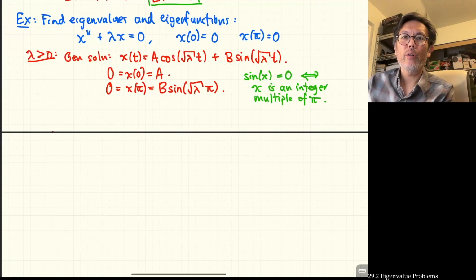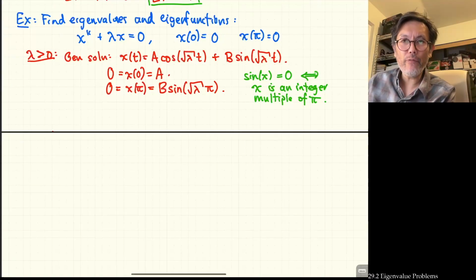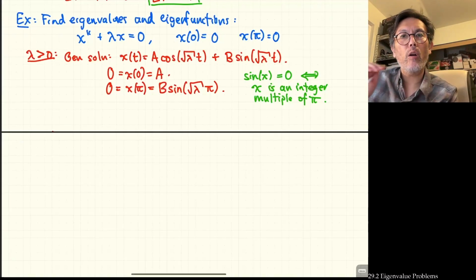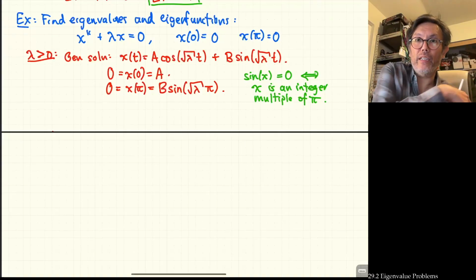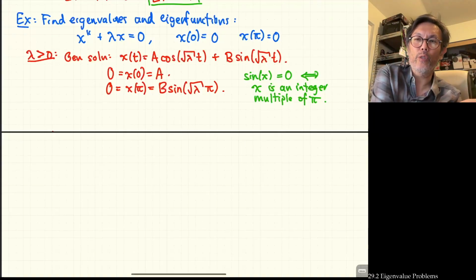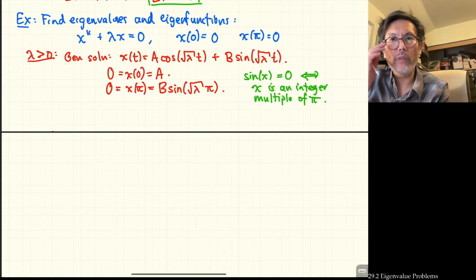So at 0, pi, 2 pi, 3 pi, 4 pi, 5 pi, 6 pi, 7,000 pi. The integer multiples of pi are where sine of x is 0. Similarly, the negative integer multiples of pi: negative pi, negative 2 pi, negative 3 pi, etc. Think about that good old unit circle if that's mysterious to you, okay?